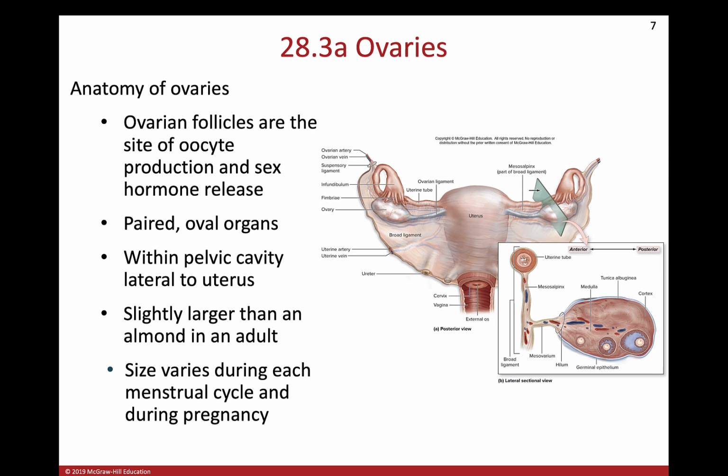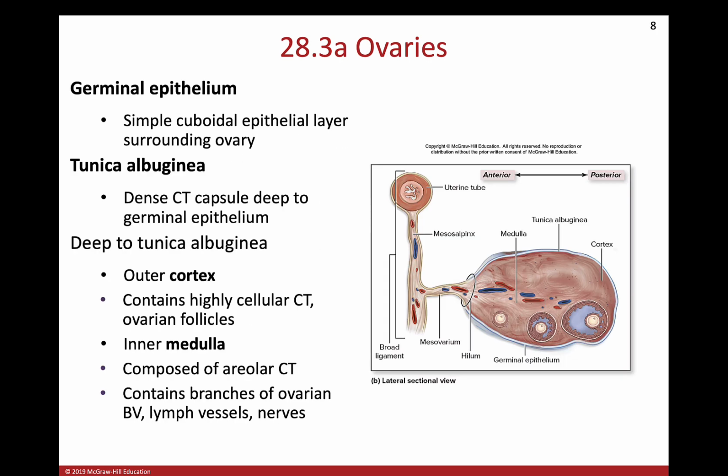Keep in mind, and this is very characteristic of female reproductive anatomy and physiology, that where a woman is with respect to her cycle is going to have an impact on numerous things. This is one of those. So there is a difference in the size of the ovaries dependent upon what part of the menstrual cycle and ovarian cycle or pregnancy the woman is experiencing at the time.